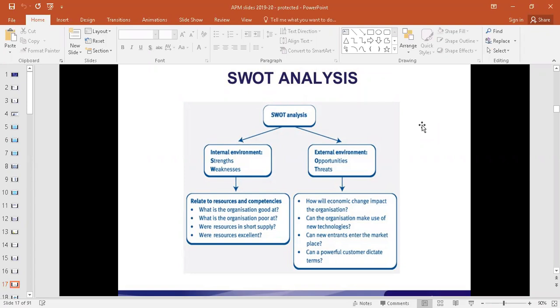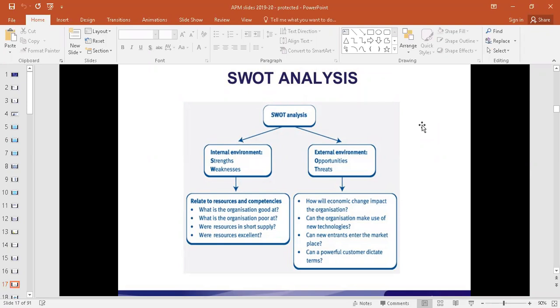Are the resources abundantly available, or is there any shortage? In terms of resources, employees, skills, capital, technological advancements, these are either their strengths or their weaknesses.